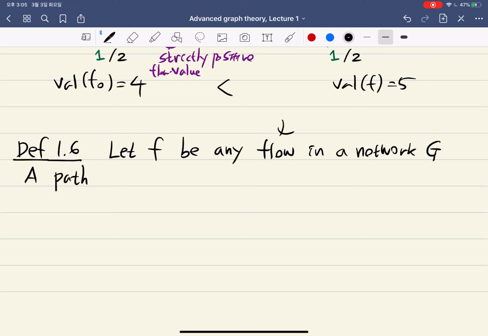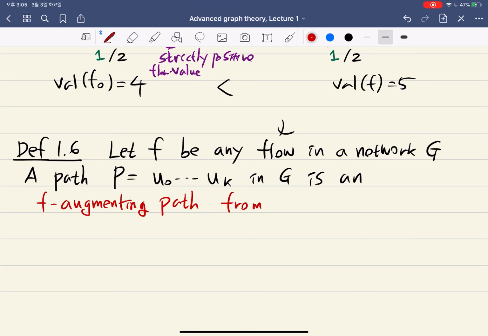And we say a path P, which starts from U0 and then ends with UK in this G, is an F augmenting path, if it satisfies the condition that I described on the top.